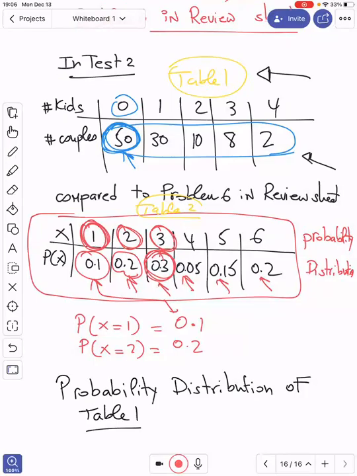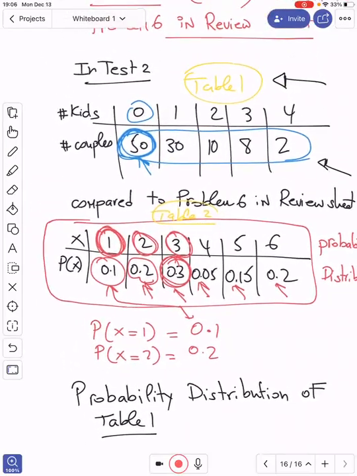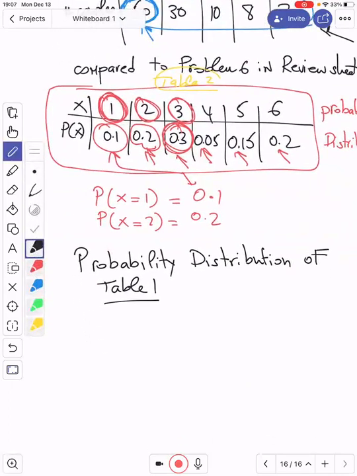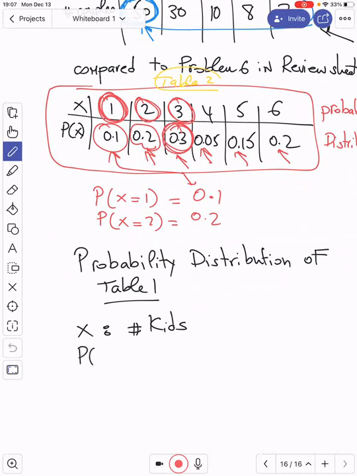So again, it says let the variable x be the number of kids. So x is the number of kids. And p of x is the probability that a couple selected at random has x kids.